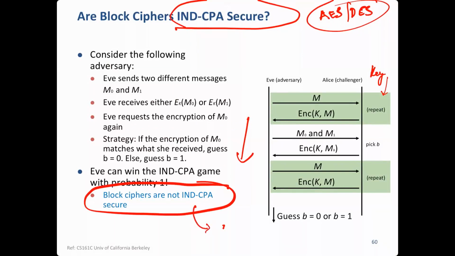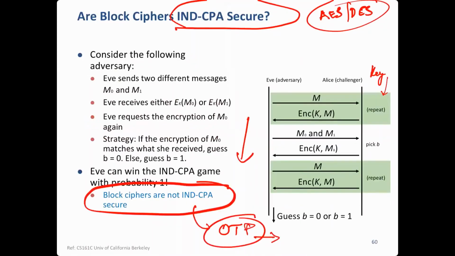Note that in the one-time pad, this was not a problem because every time you were changing the key. Eve first sends M1, she knows she's sending M1, and then Bob or Alice replies with E of M1. Next time she sends M2, she receives E of M2, which is different because M2 is different.